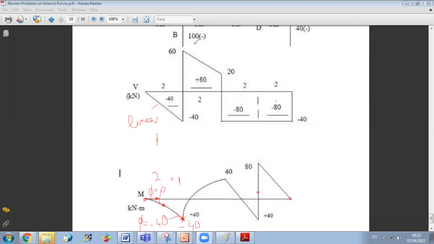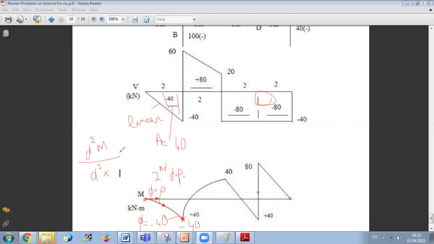Concerning whether it's concave or convex, for the bending moment you can know it from this equation. You know that the second derivative of bending moment with respect to x is equal to omega of x.